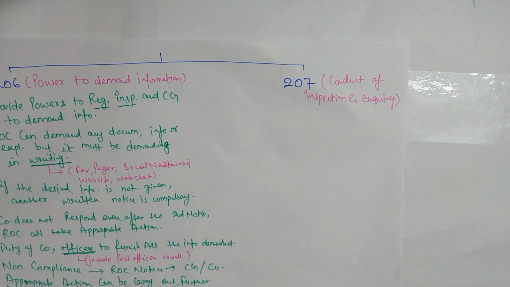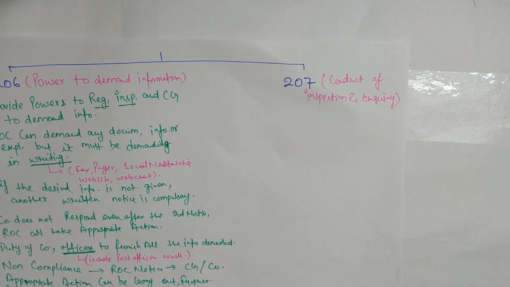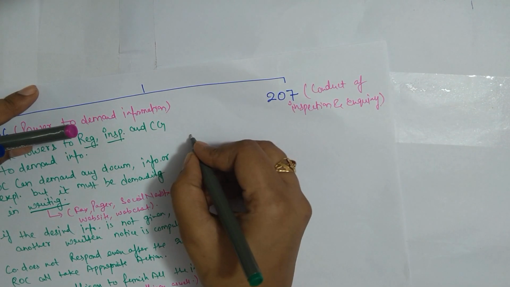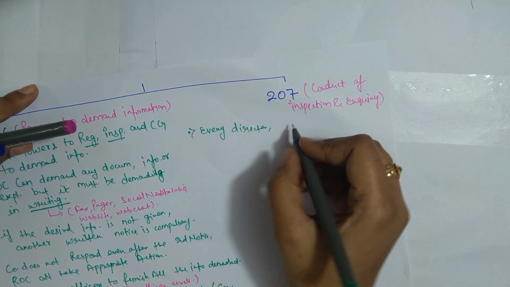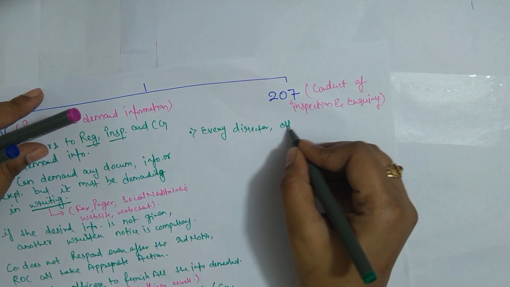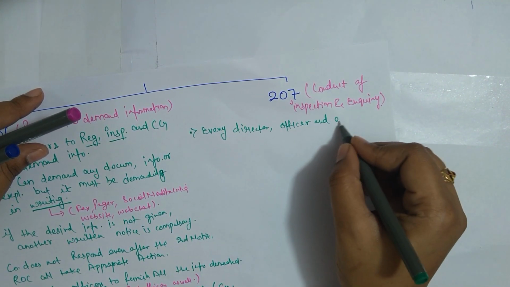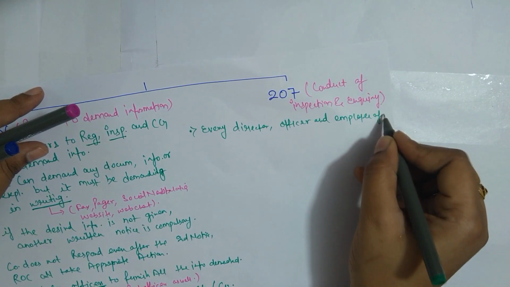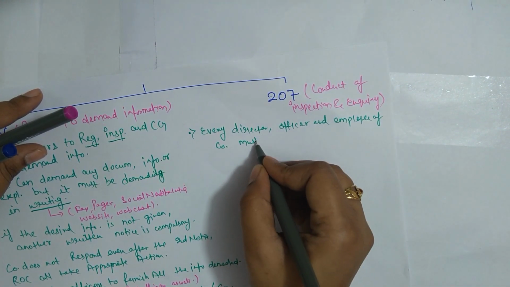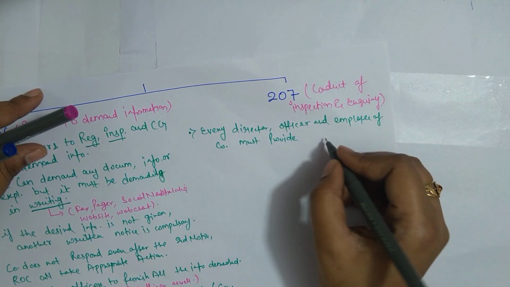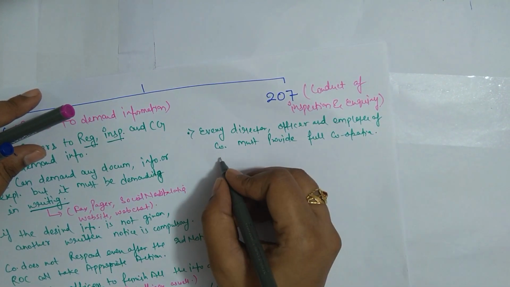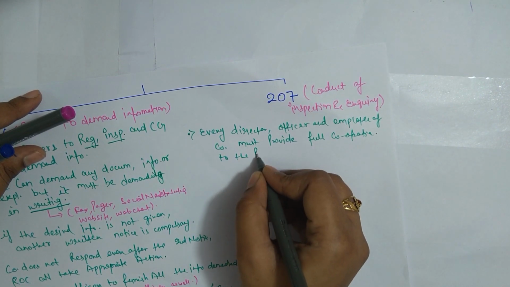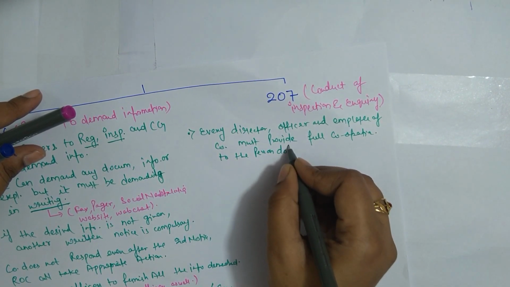Section 207, conduct of inspection and inquiry. Every director, officer and employee of a company must provide full cooperation to the person doing the inspection.